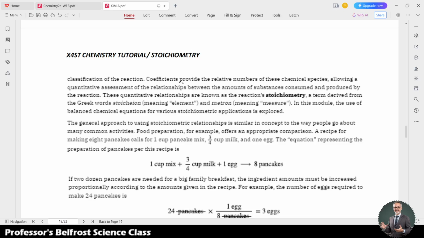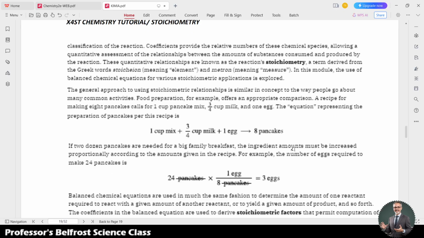This quantitative relationship is known as reaction stoichiometry, because stoichion means element and metron means measure in Greek words. So the use of balanced chemical equations for various stoichiometric applications is what we learn in this topic.